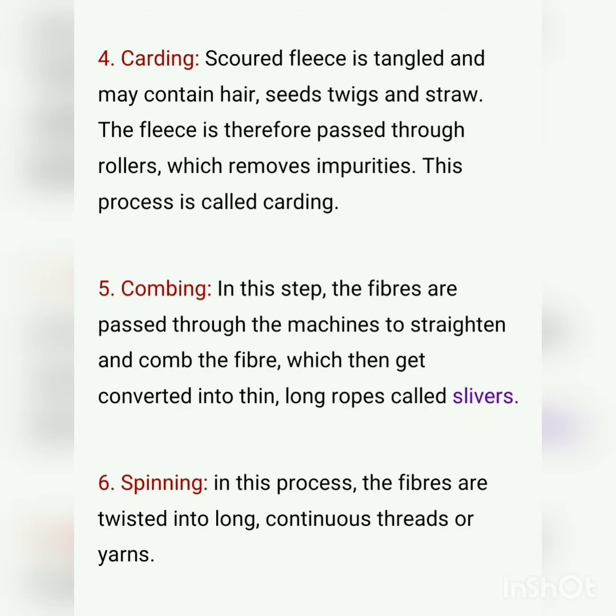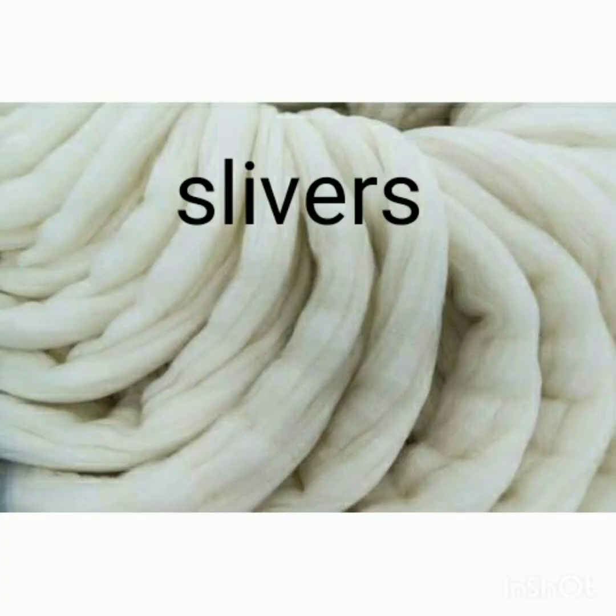Next to carding, another step is combing. In this step, the fibers are again passed through rolling machines to straighten and comb the fiber. From these machines, wool comes out as thin and long ropes called slivers.